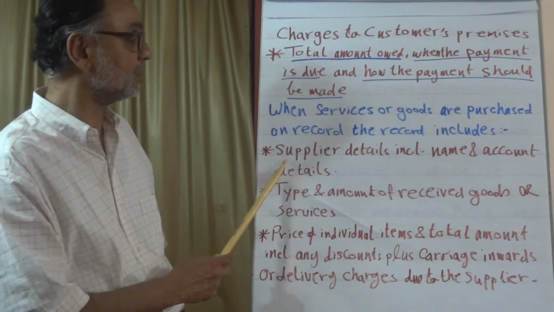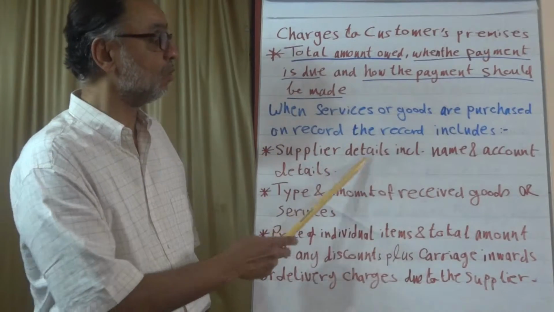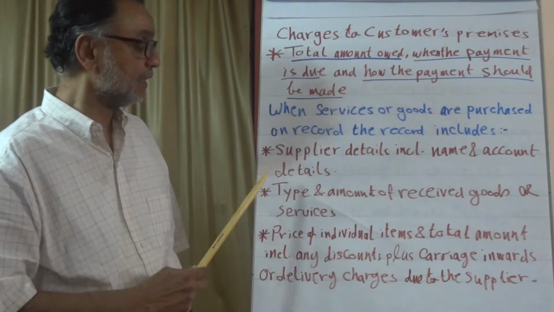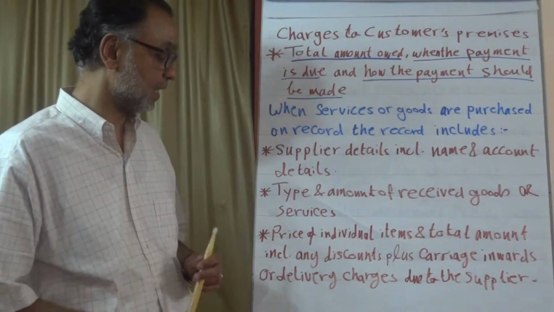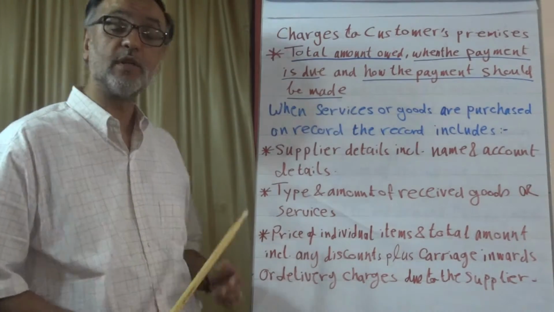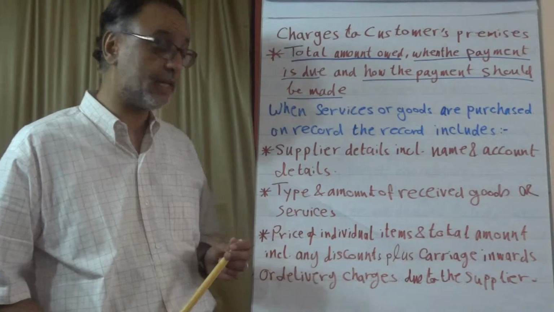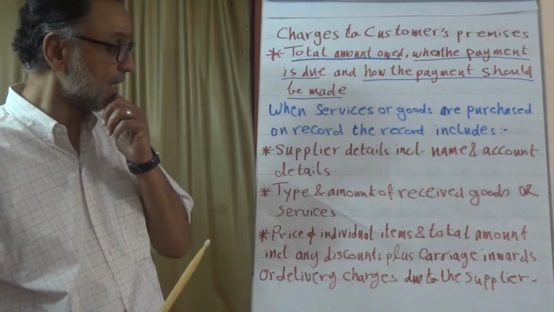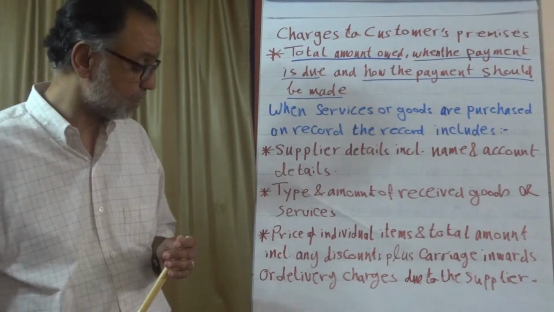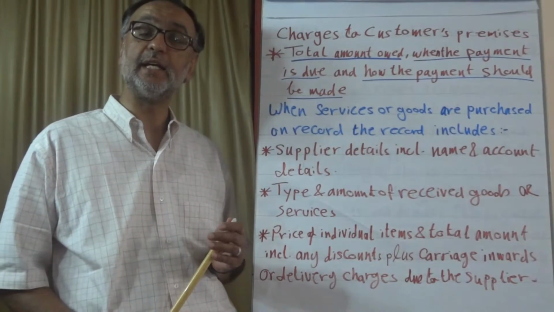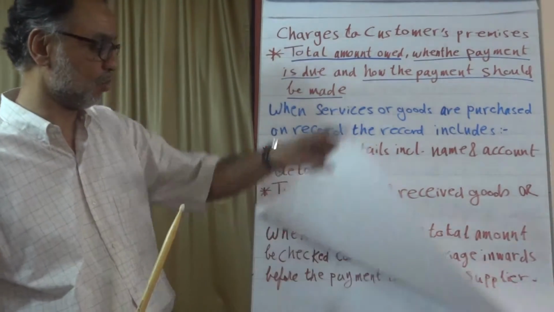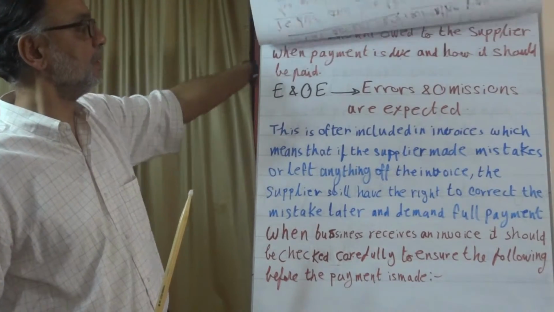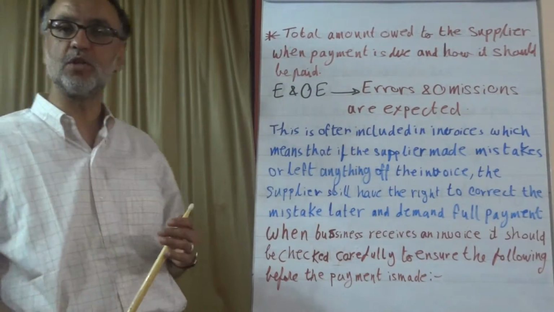Look to the supplier's details, including name and account details, type and amount of received goods and/or services, price of individual items, and total including any discount. Also, we need to have information about delivery and carriage charges, and we need to see the date as well. Payment terms has to be mentioned also.